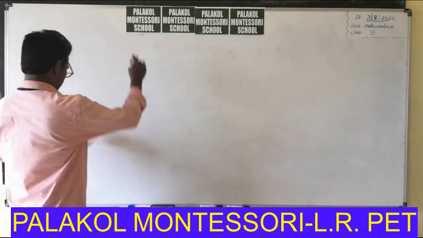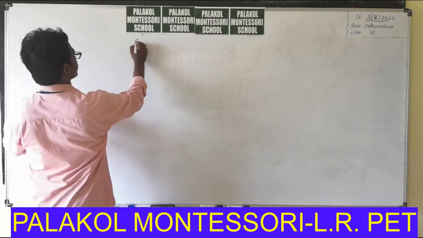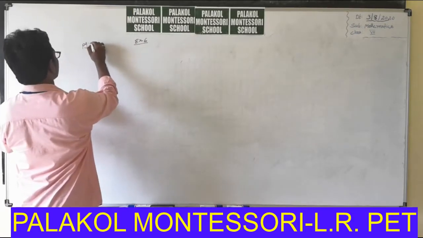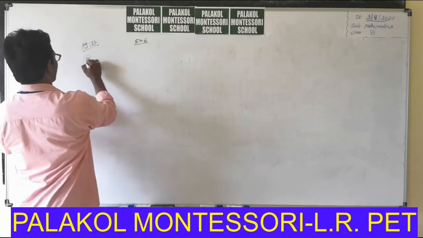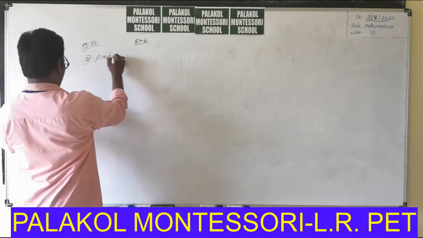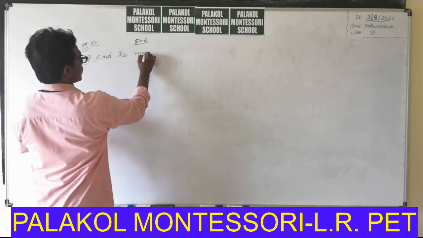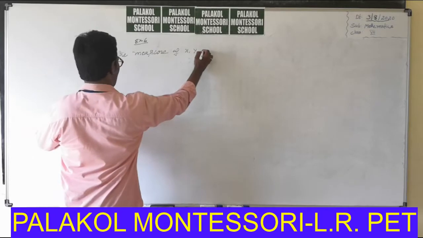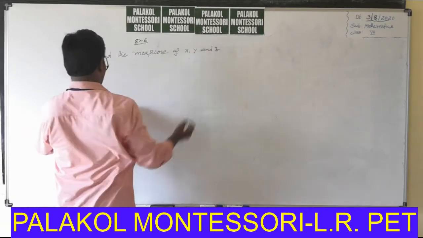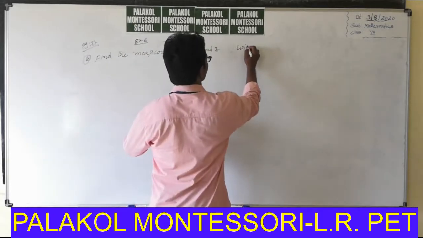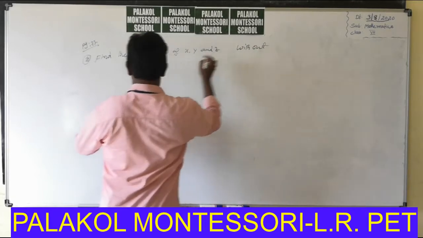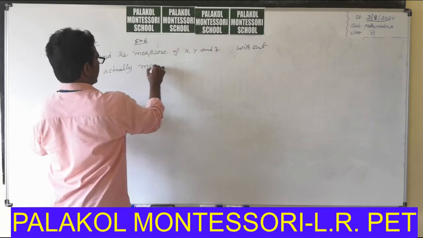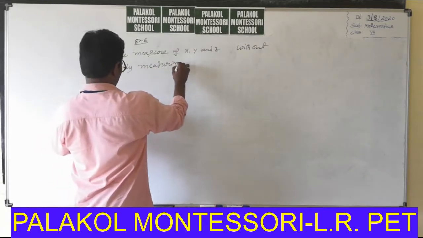Exercise 6, an important question. Exercise 6, page number 77, second question. Find the measure of x, y and z without actually measuring them.